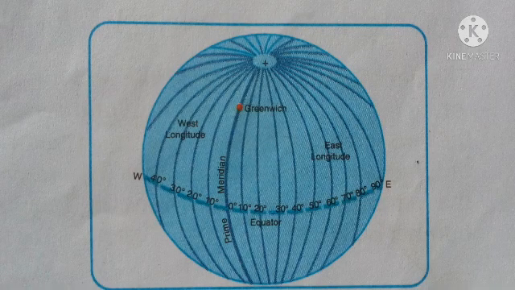The maximum distance between two lines of longitude is at the equator. It means when we go to the equator, we find the maximum distance between these two lines. The gap between the two lines of longitude starts decreasing as we move towards the poles.